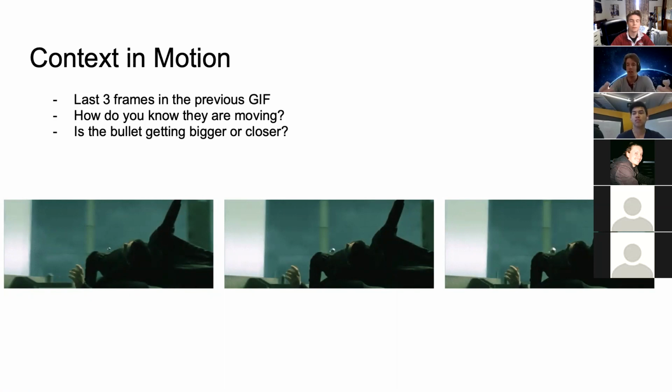Is the bullet getting closer or is it getting bigger? From a single frame, we can't actually tell. This is why image processing is really important, but also why it is really hard, because as humans we understand context and robots don't. These are the kind of things we have to consider when we think about understanding images.